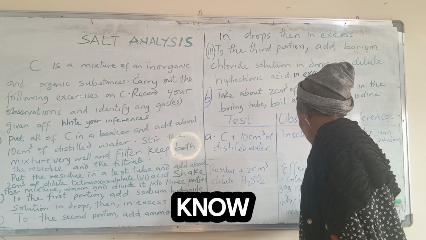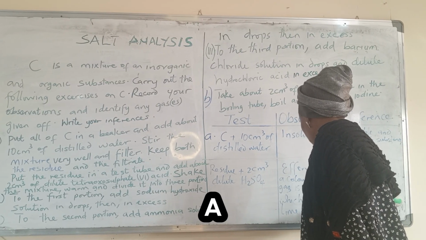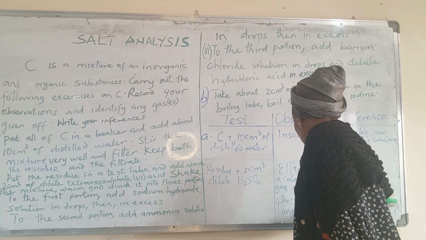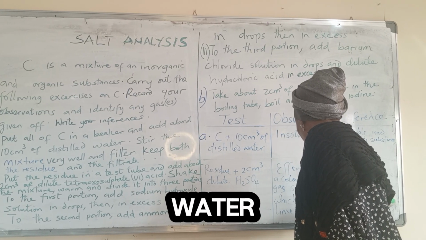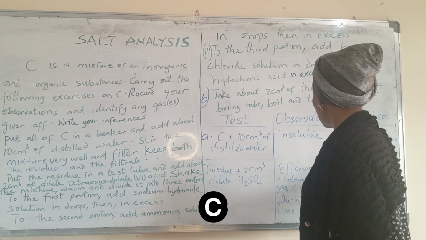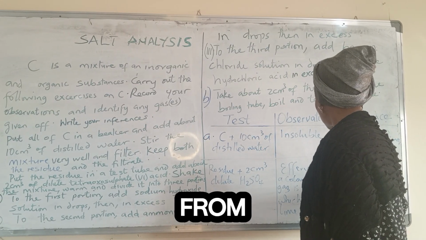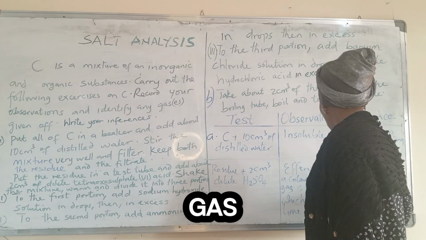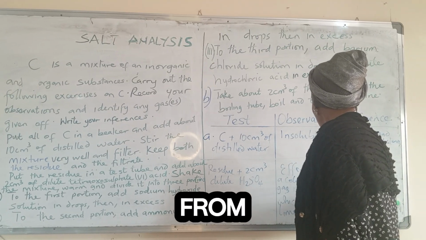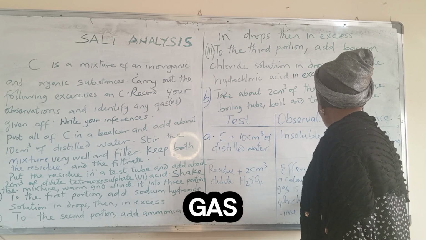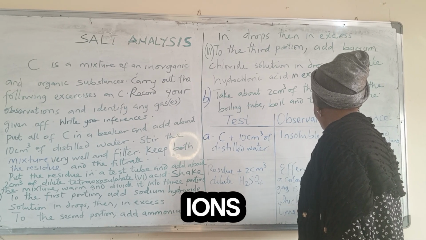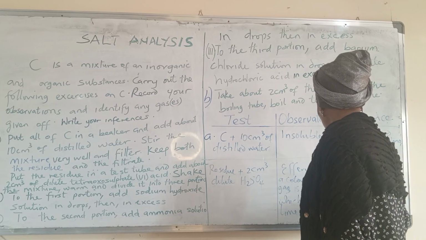Of course, you should know that this chemical test is for CO2. It turns lime water milky. So this means CO2 gas from CO3 ions is present.